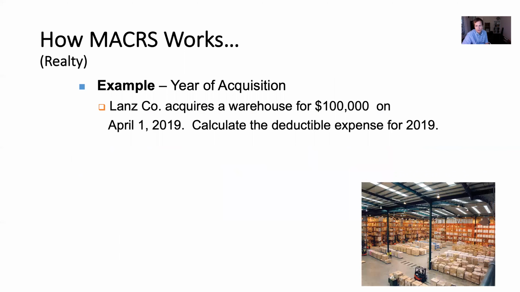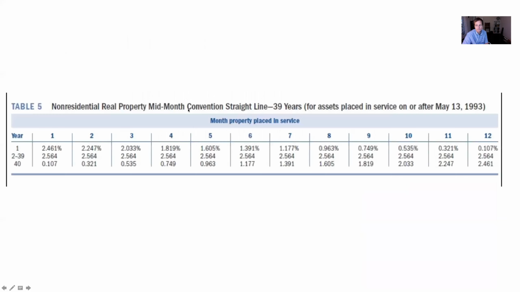All right, here's another example for real estate. A Lance company acquires a warehouse for $100,000 on April 1st, 2019. So once again, a warehouse is non-residential. And in these examples and problems, if it just says acquires, you can also assume they place it in service at the same time.